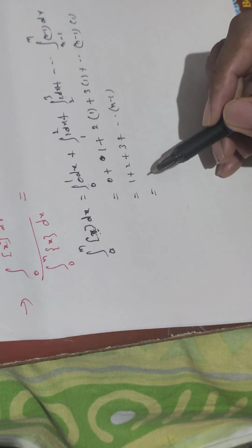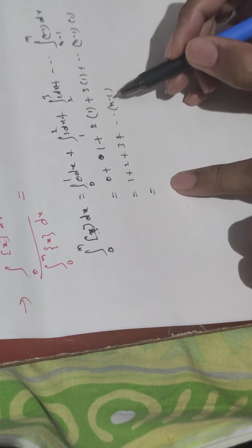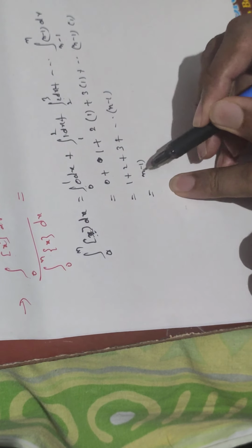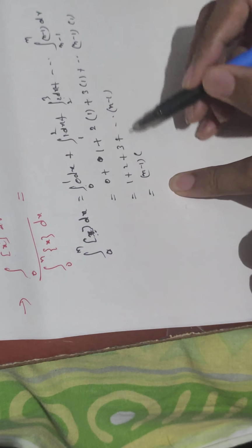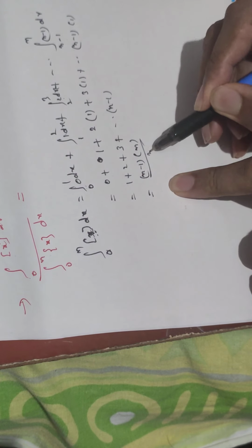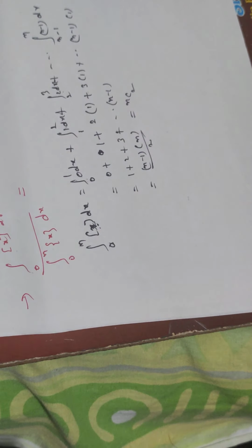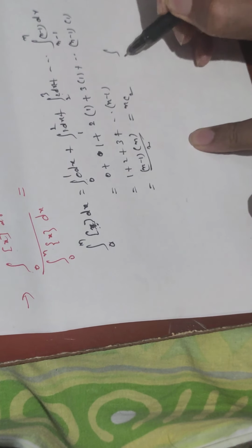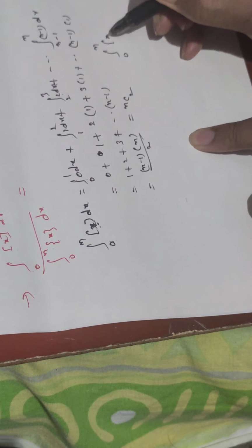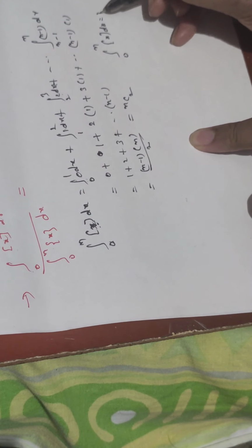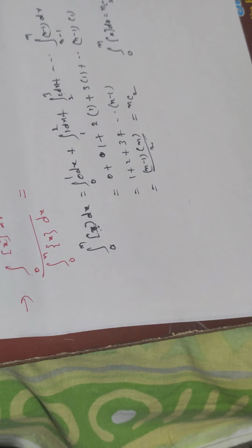The sum of the first n natural numbers is n into n plus 1 by 2. Here with n minus 1, that will be n into n minus 1 by 2, or simply it can be written as nC2. So you can remember it as a formula also: integral 0 to n step of x dx is directly nC2, or n into n minus 1 by 2.